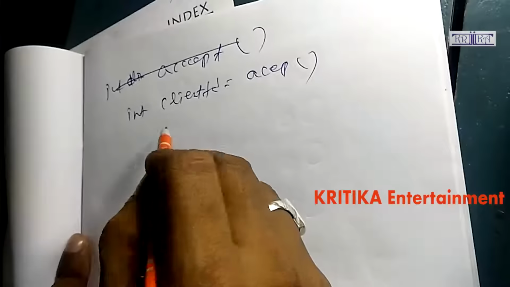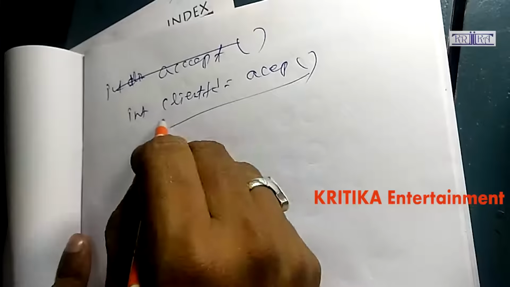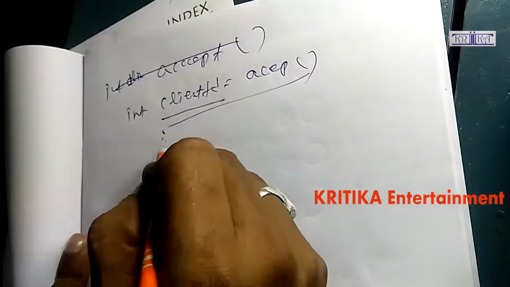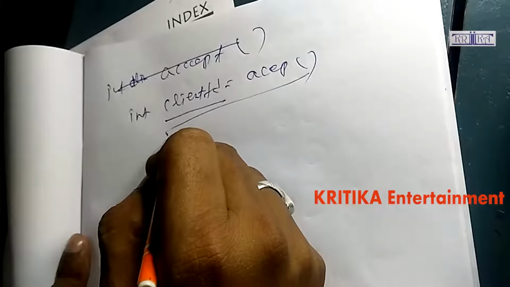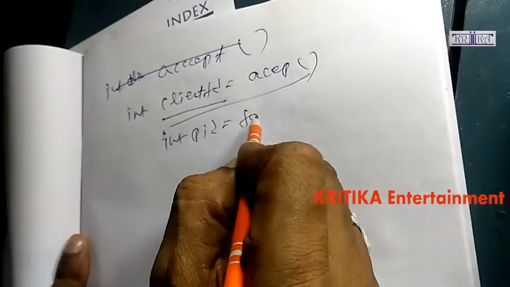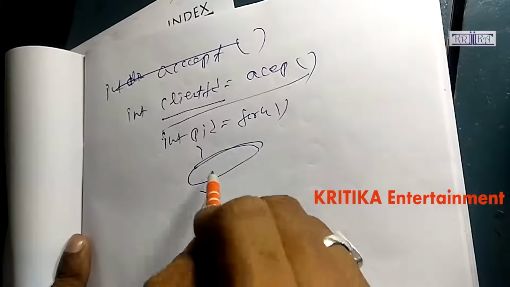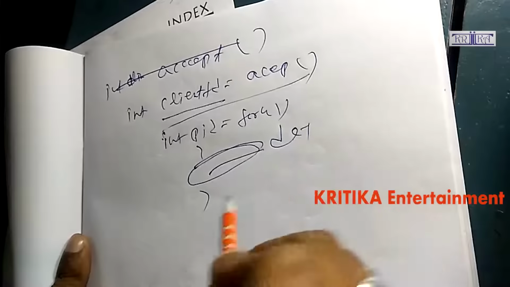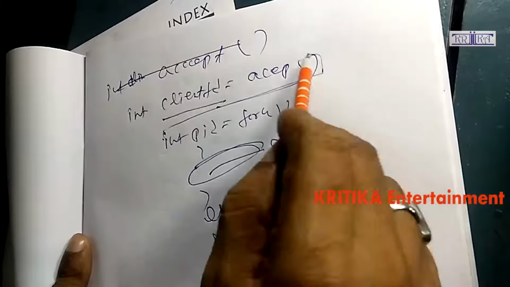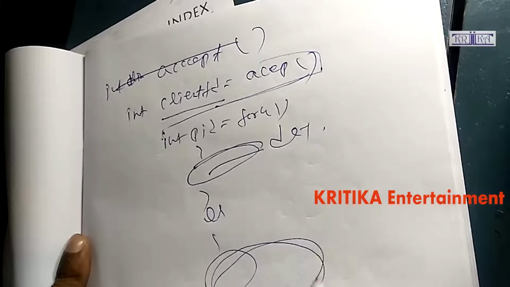The accept function returns the client fd. Then if the client fd is successfully created, the fork function will be called here: int pid is equal to fork. Then remember, here we write the data communication code, and in the else we write the connection request code.